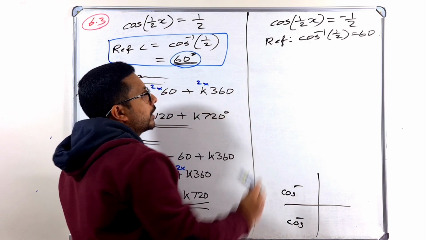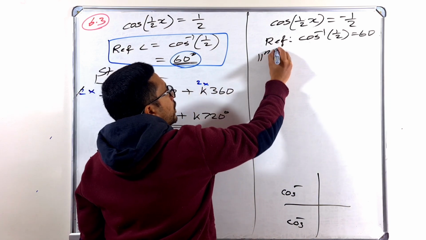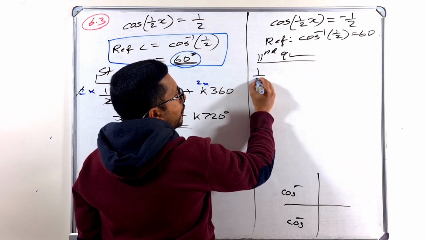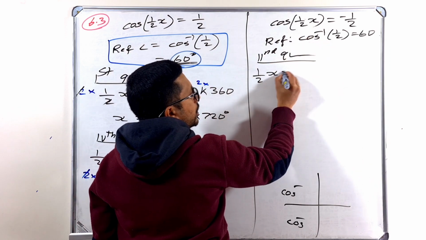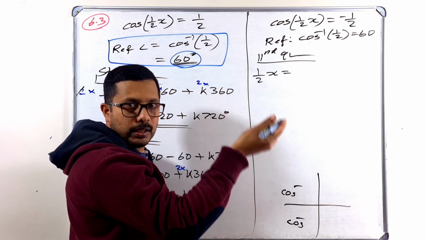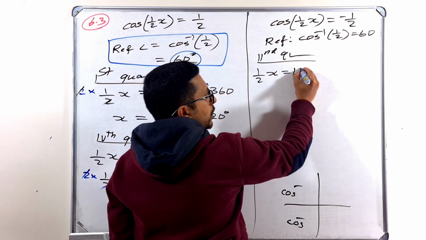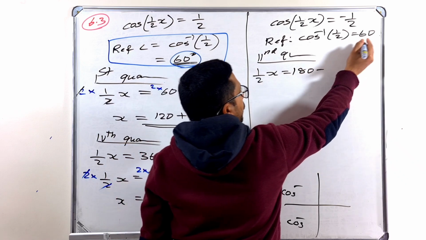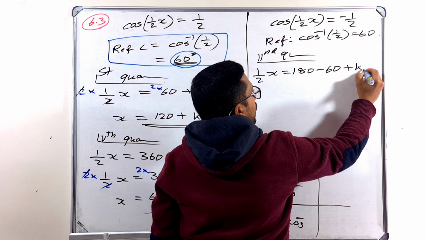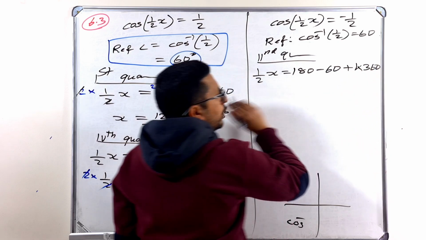So what about the second quadrant? Second quadrant, what is our angle? Half x. Half x is equal to, second quadrant, how can you write? 180 minus the reference angle. So 180 minus 60 plus k 360.